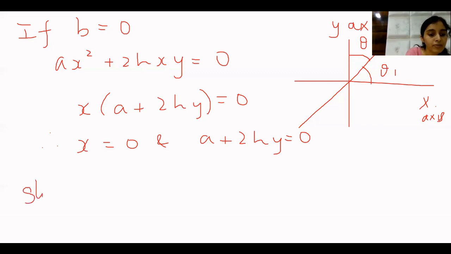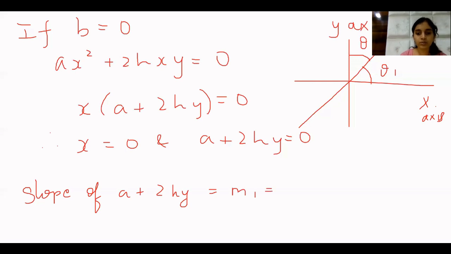Slope of ax plus 2hy is equal to m1, let's say it is tan theta 1. Okay, m1 is tan theta 1. Therefore, theta 1 is equal to tan inverse of m1.